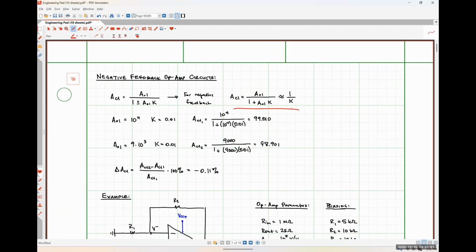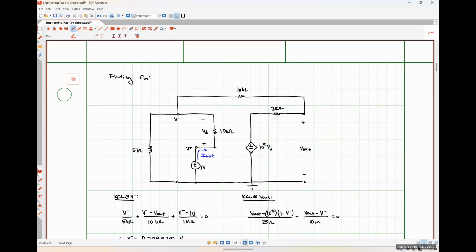If our open loop gain is infinitely large, then we have A over A times K is exactly equal to 1 over K. So for an infinite open loop gain, our closed loop gain will literally just be defined by the elements that we use to bias it. The amplifier itself will have no impact whatsoever. Okay. So that's where that third ideal parameter comes from.